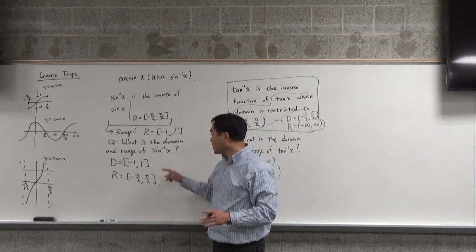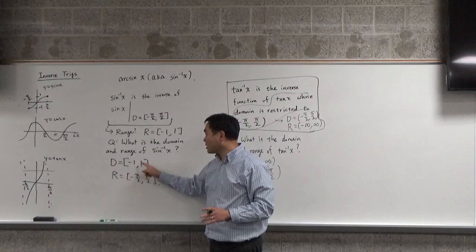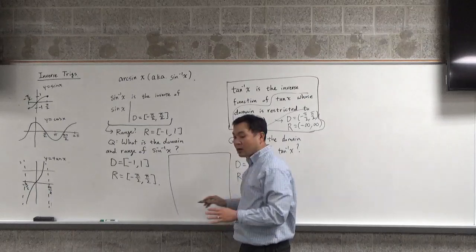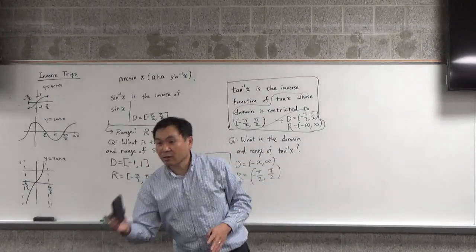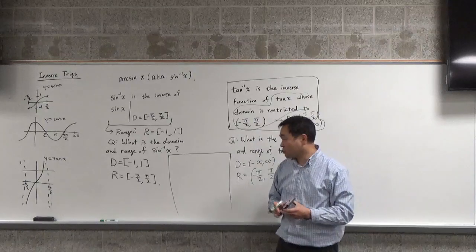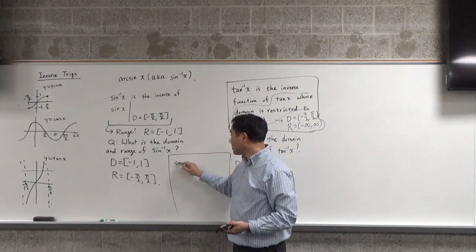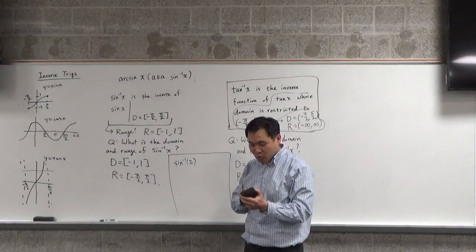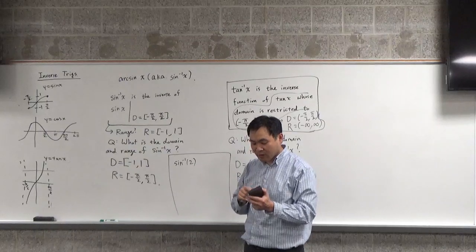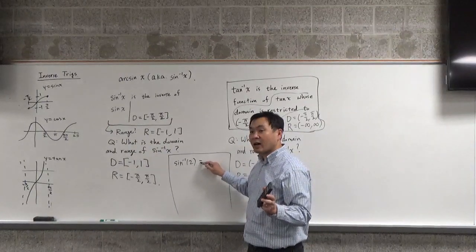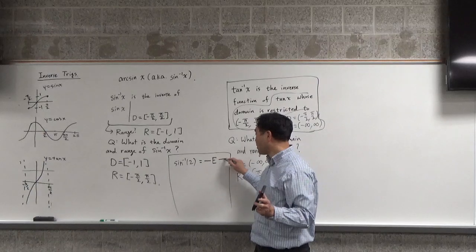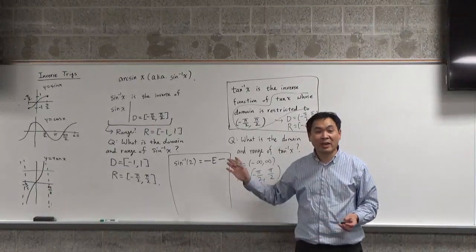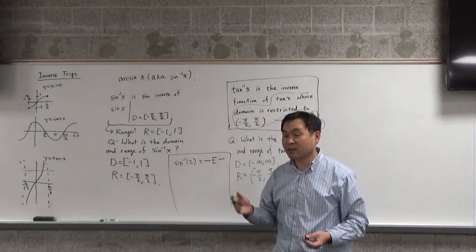Another main difference is that for sine inverse, you can only plug in values between negative 1 and 1. So a note here that you should try if you have a calculator. By the way, if you have a calculator, please try to actively do this, okay? If you do sine inverse of 2, for my calculator, I first have to put 2 and then shift sine inverse. That's how I do it. Some of the fancier calculators will say domain error.